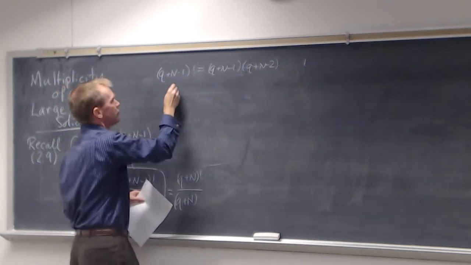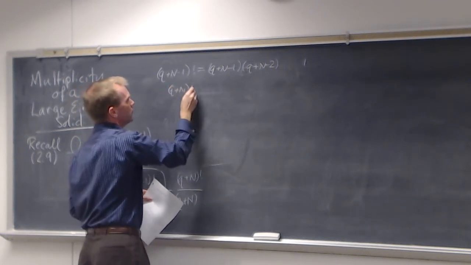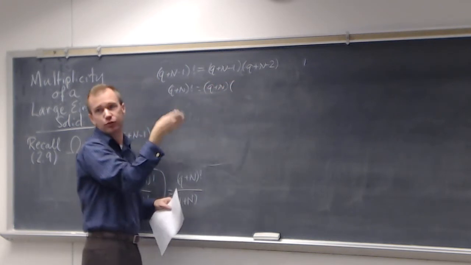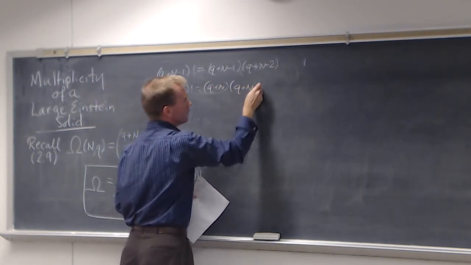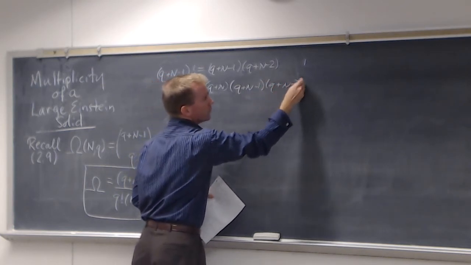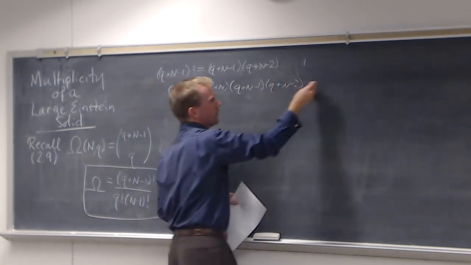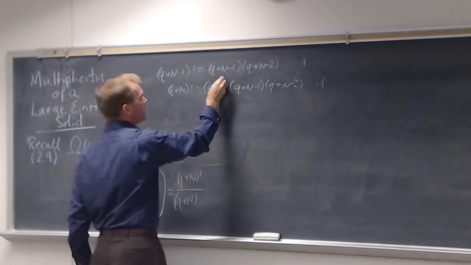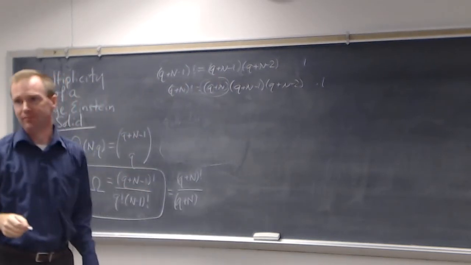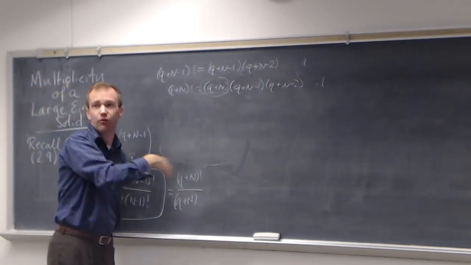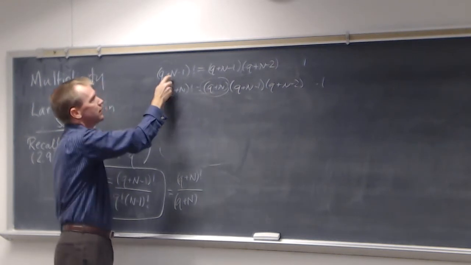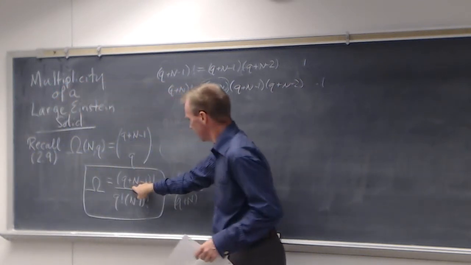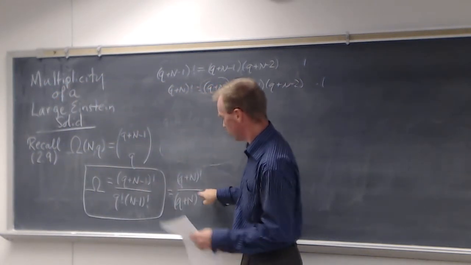But q plus n factorial is q plus n times q plus n minus 1 times q plus n minus 2 times all the way down to 1 as well. So you can see that the only difference between these is that factor of q plus n. So if I take q plus n factorial and divide by q plus n, I've got q plus n minus 1 factorial. So that numerator becomes this ratio here.